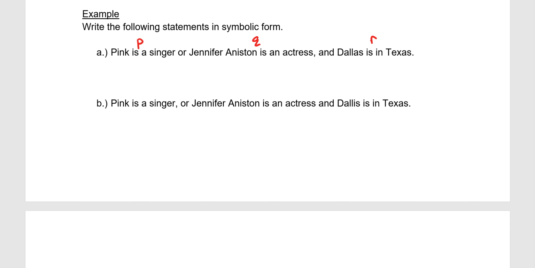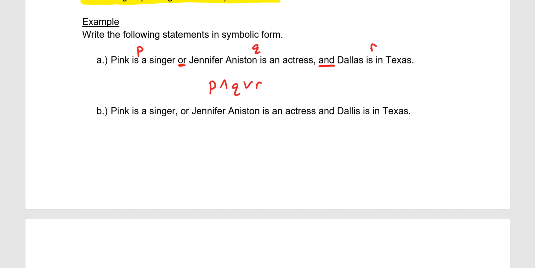Okay, so the way we're going to group these, we probably recognize that we have some connectives here. We have or, so we have P or Q, and then we have and R. The issue is we cannot write it like this, we can't write it as P and Q or R. We need parentheses, and we need them because we see that we have the comma here.